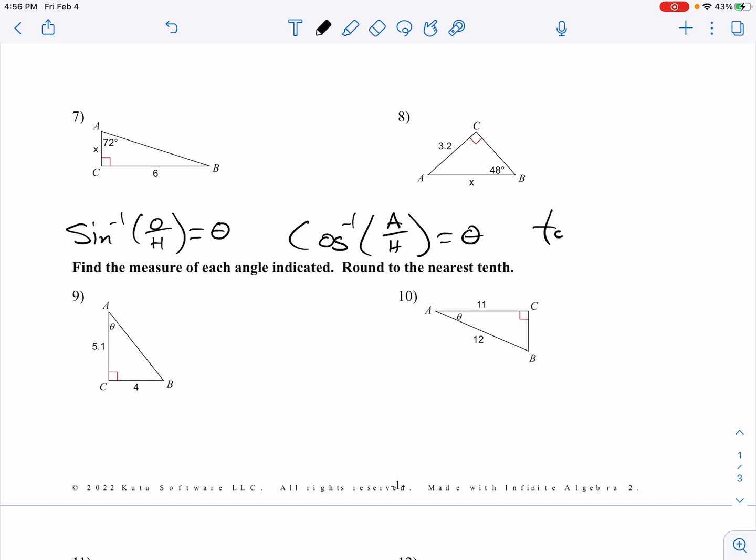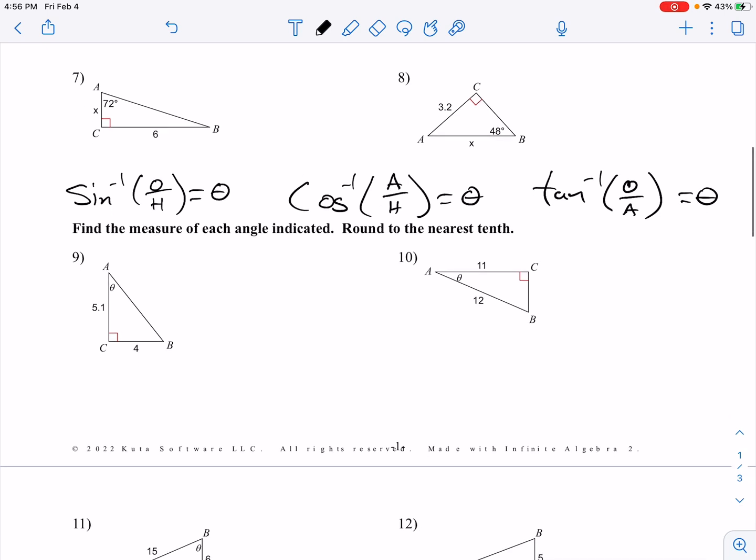Or tangent inverse of opposite over adjacent is equal to the angle. So they all equal the same thing, the angle. You just have to choose the appropriate one based off the two sides they give us. So in problem number 9, they give us opposite and adjacent.